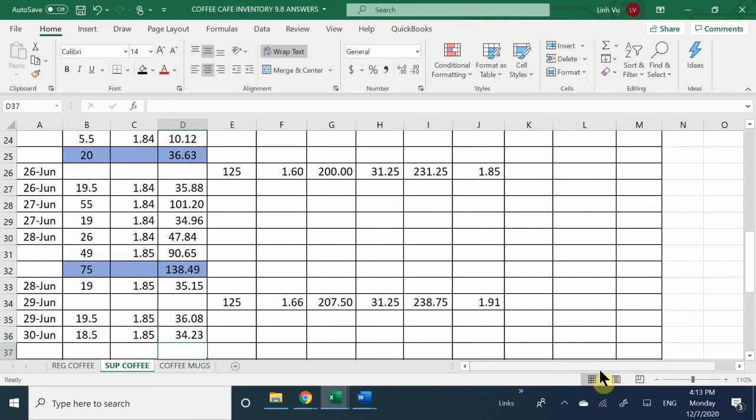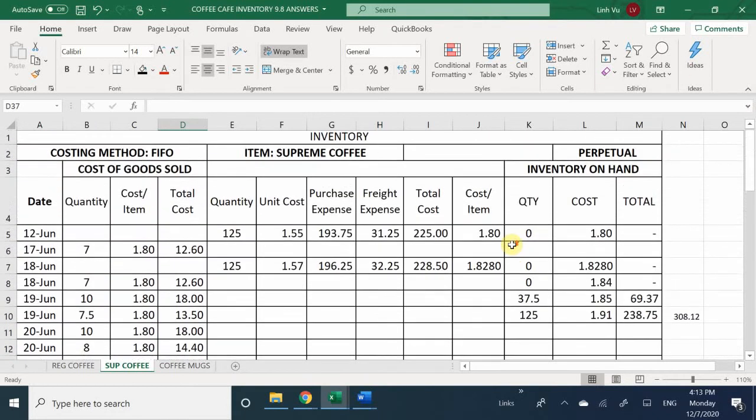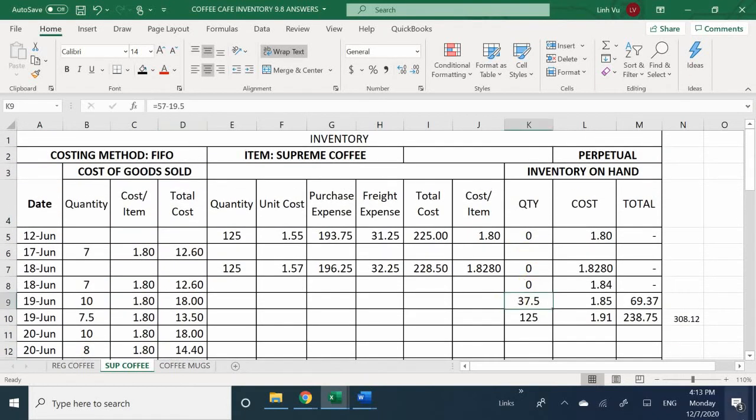That comes to 34.23. Yes, that's what I got too. Okay. All right. So we're going to take the 37.5 pounds and subtract the 18.5 pounds from that.